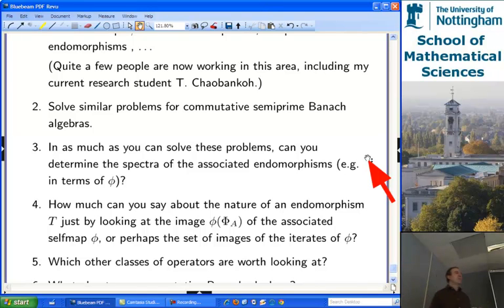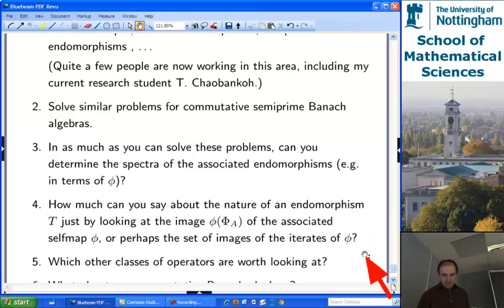These are completely open-ended things because there's no end to the algebras you can look at, the classes of operators you can look at, and so on. So you can do as much or as little of this as you want. Finding the spectra, if you don't assume quite strong conditions on the operator, seems to be a bit hard. Finding the spectra of a general endomorphism, I think, is a tough order, but maybe the experts on operator theory can do that.